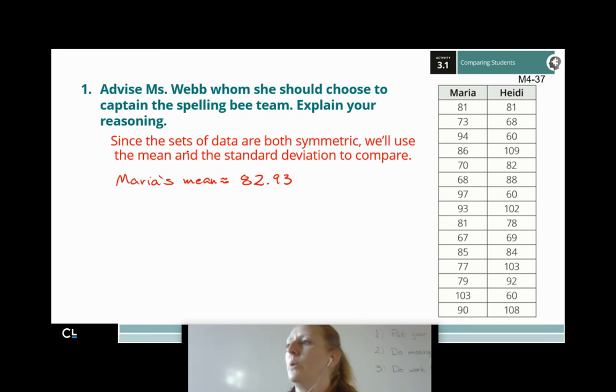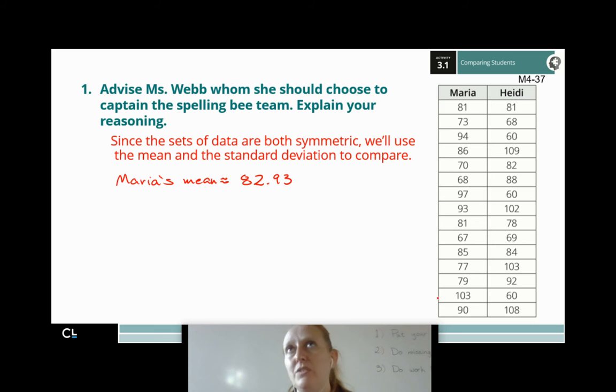Now, I then went through and I did the standard deviation. It was a lot of work. So I subtract. Remember how we did that? We subtracted everybody. Before I added, I subtracted everybody, and then I squared them all, and then I added them all up, and then I divided by how many are there? 1, 2, 3, 4, 5, 6, 7, 8, 9, 10, 11, 12, 13, 14, 15.